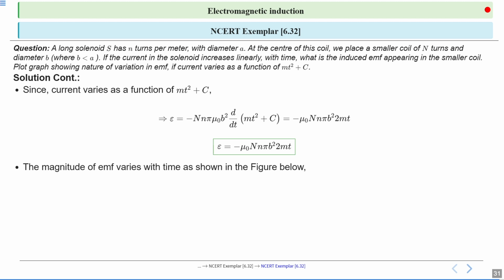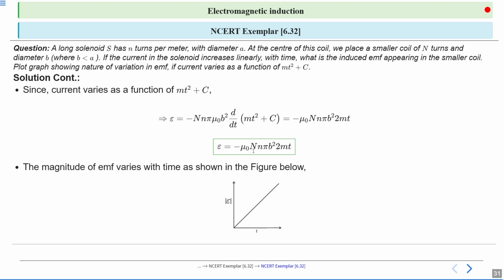The magnitude of EMF varies with time as shown in the figure below. So this is the plot. The magnitude of EMF is directly proportional to t. Only the magnitude, and the negative sign represents the polarity of the EMF. So we are plotting a graph of the magnitude of EMF and t.